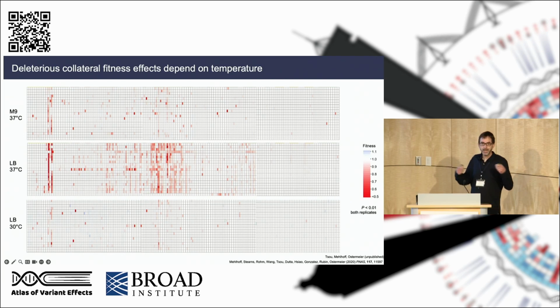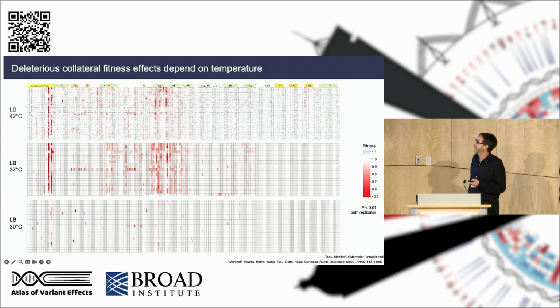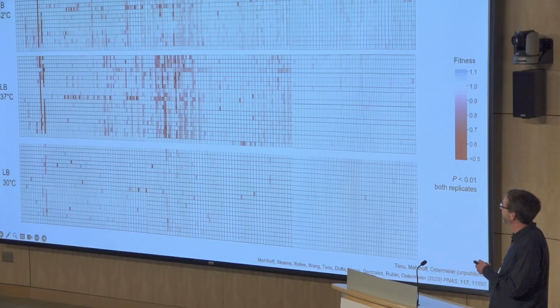If you raise the growth temperature, aggregation tends to be more detrimental. However, raising the growth temperature above 37 in E. coli causes induction of stress response, whose goal is to ameliorate those effects. And so when we do that, we get something that's a little bit redder, but not too much.